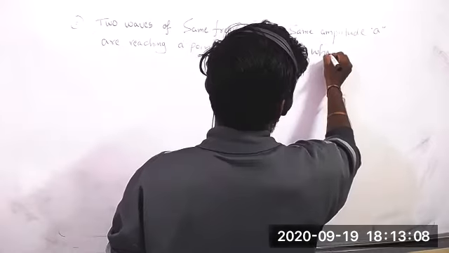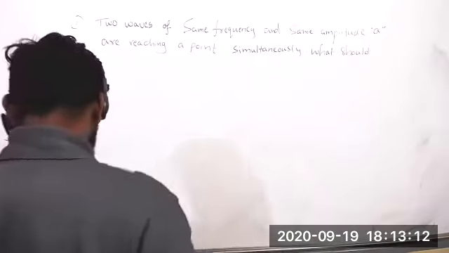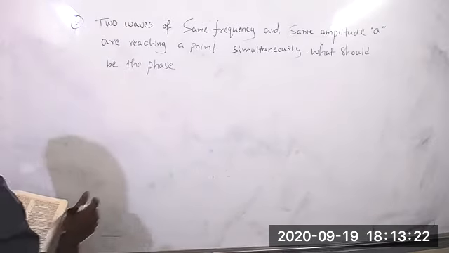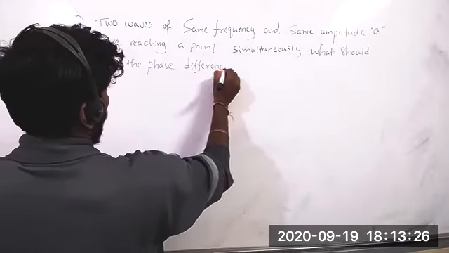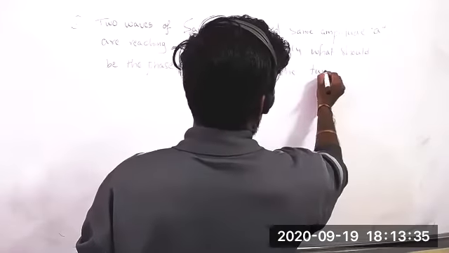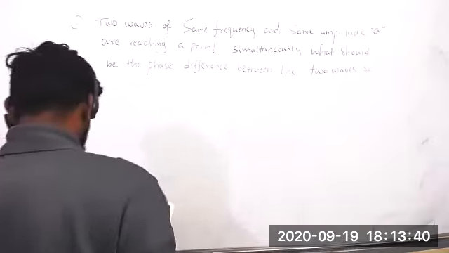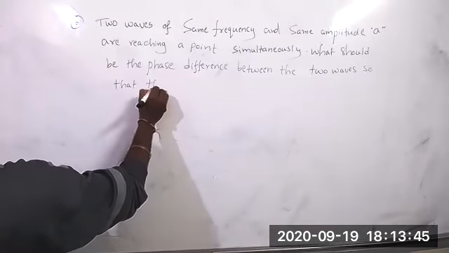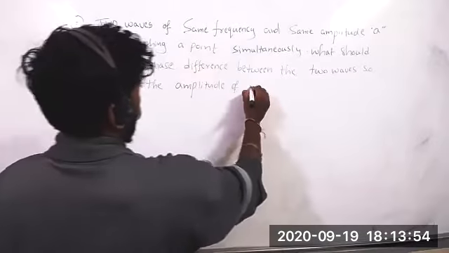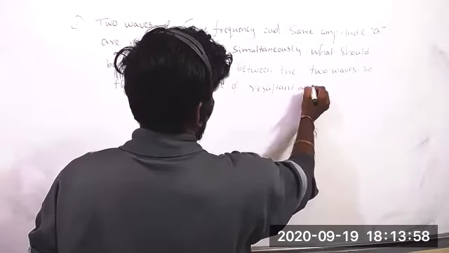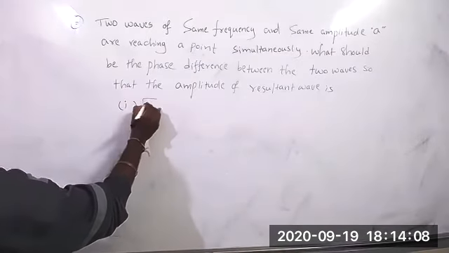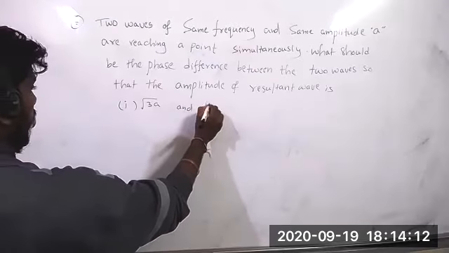What should be the phase difference between the two waves, so that the amplitude of the resultant wave is one, root 3a, and second one, a?